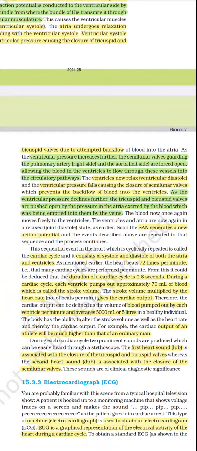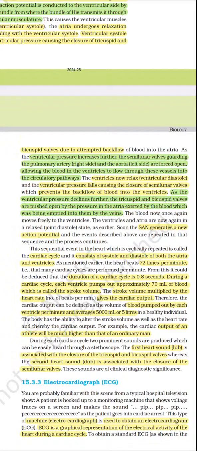The ventricles now relax, ventricular diastole, and the ventricular pressure falls, causing the closure of the semilunar valves, which prevents the backflow of blood into the ventricles.